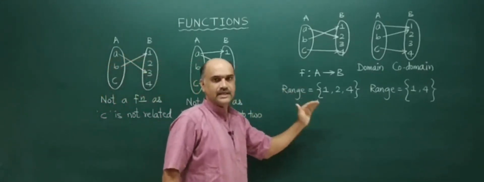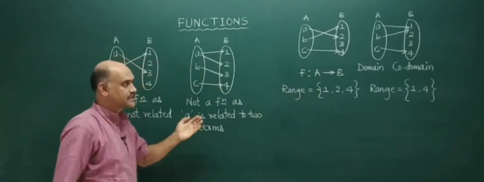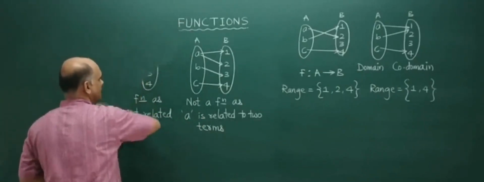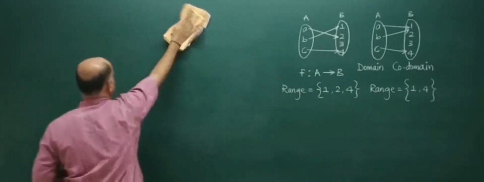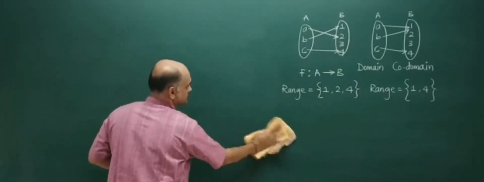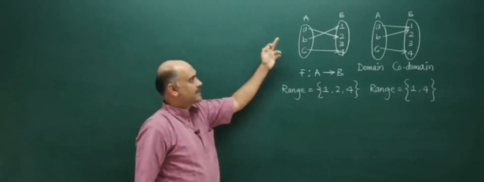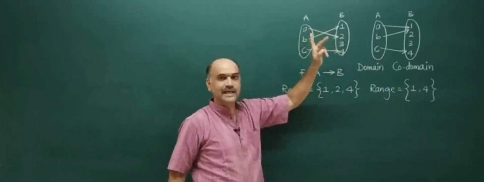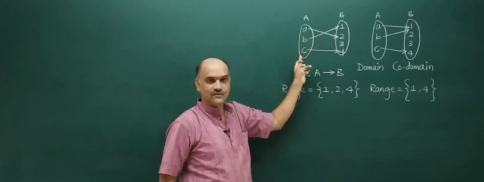Now, here in second year, we are learning three types: one-one function, onto function, and both one-one and onto, or you can say bijective function. Suppose one element of A is related to only one element of B, or distinct elements, then we say it is one-one.